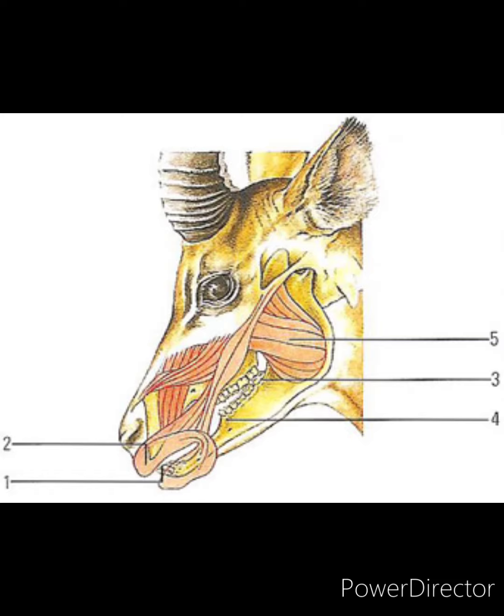The gap between incisors and molars, number 4, allows the tongue to mix food with saliva. The powerful masseter, muscle number 5, moves the jaw up and down, while other facial muscles move it side to side for grinding.